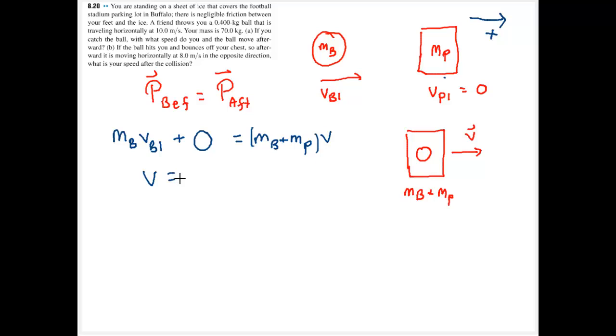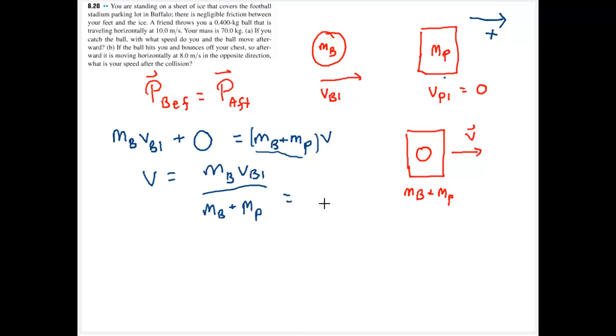So to solve this guy, I simply divide both sides by this quantity right there. So the velocity of the system afterwards is going to be the mass of the ball multiplied by the initial velocity of the ball divided by the sum of the two masses, ball plus person.